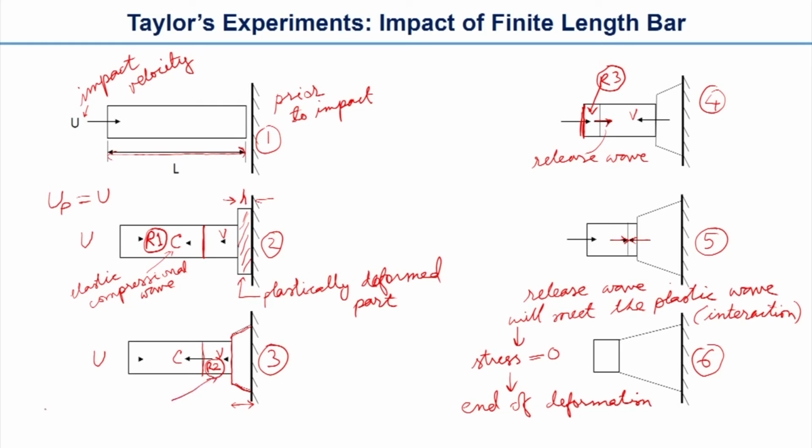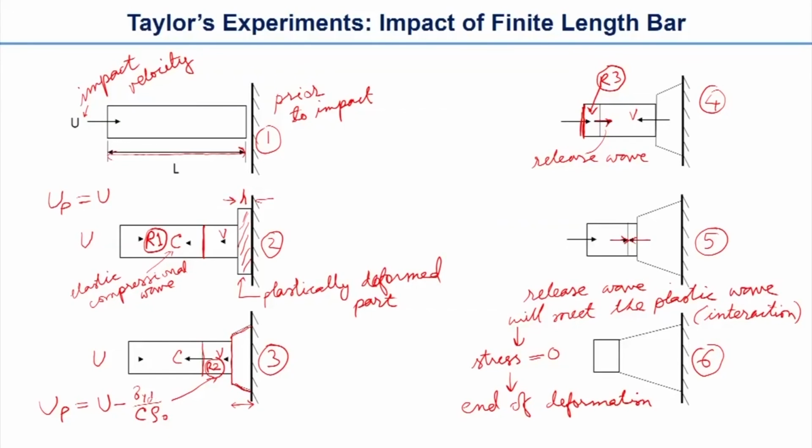The particle velocity up will be equal to u minus sigma dynamic yield strength divided by c rho naught, whatever expression we have just now derived. So that is the expression of particle velocity due to the elastic wave propagation.